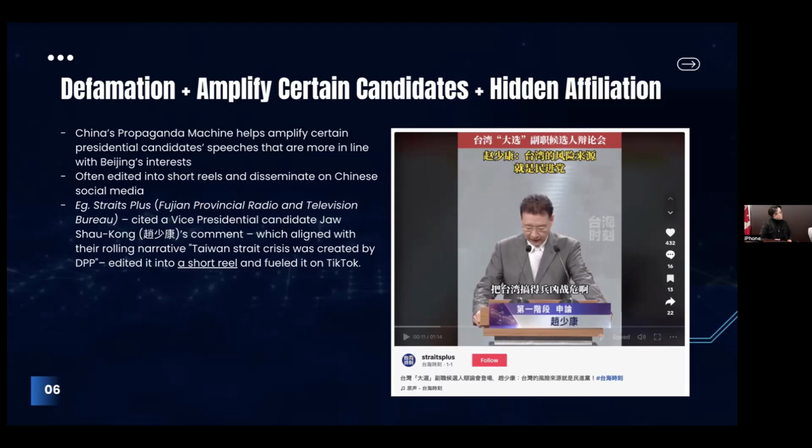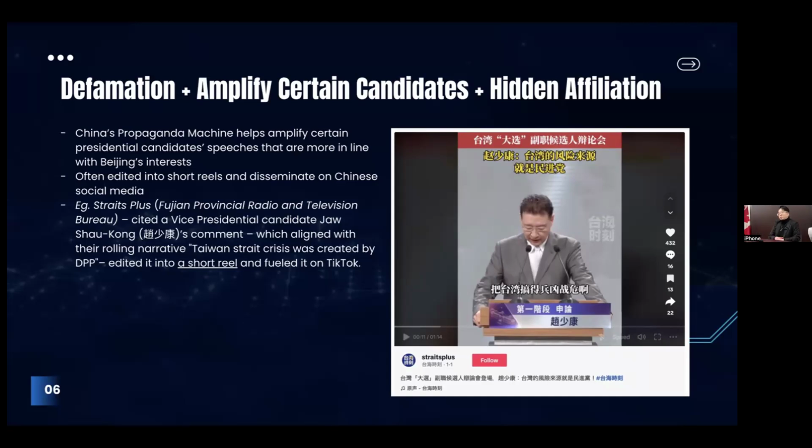This is a screenshot of a TikTok post by Strict Plus. Strict Plus is a TikTok account controlled by the Fujian Province Radio and Television Bureau, which is managed by the Chinese Fujian Province government. They cited a VP candidate's comment that aligns with their narrative that the Taiwan Strait crisis is created by the administration, and then edited it into short reels, filed it on TikTok, and amplified their preferred narratives.